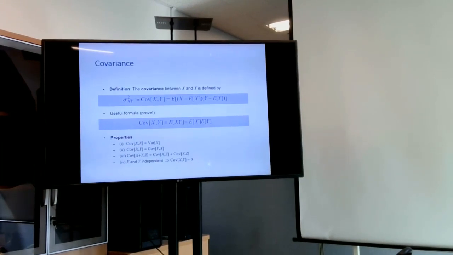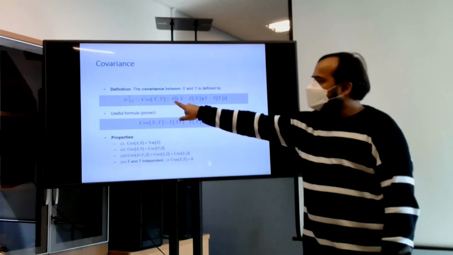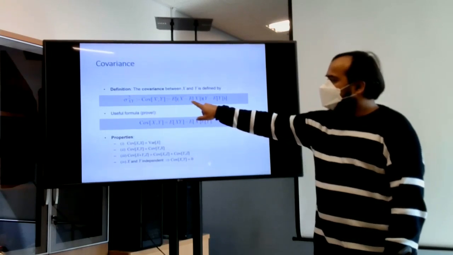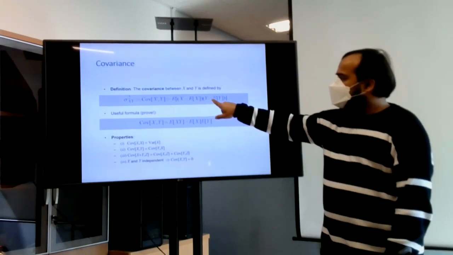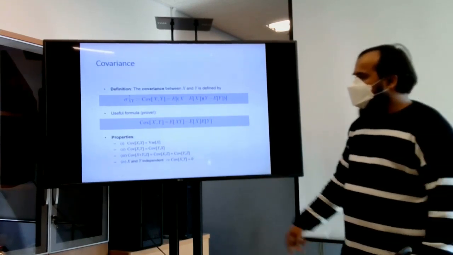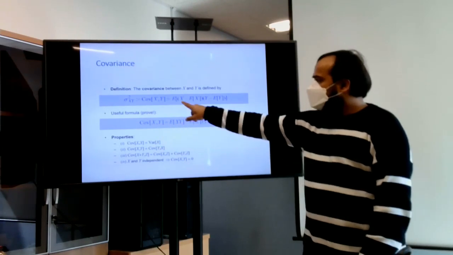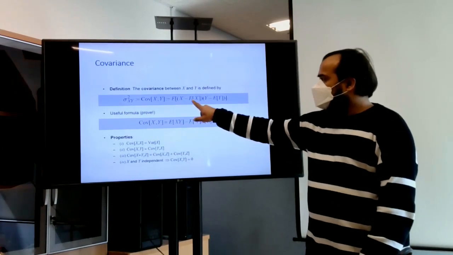The covariance between x and y is defined by this thing, the expectation of x minus its mean times y minus e of y. Then you can prove it easily. Covariance of this thing is equal to e of x y minus e of x times e of y.